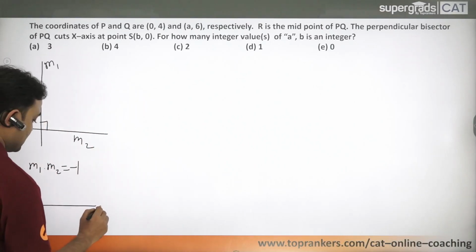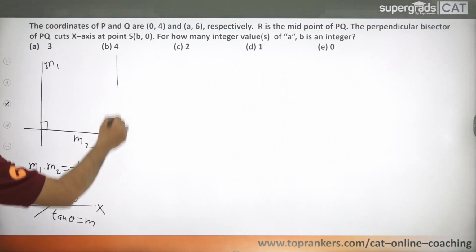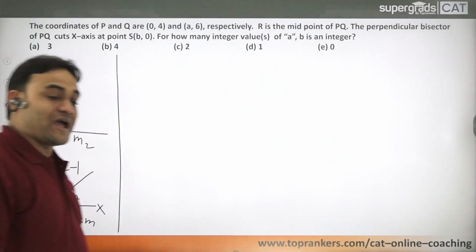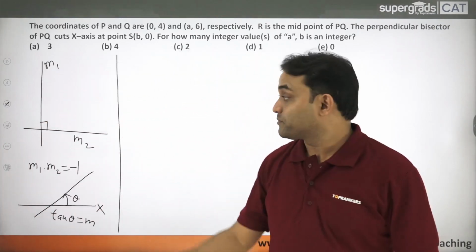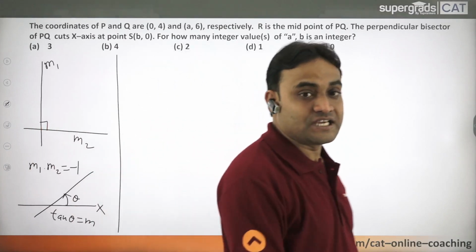If this is the x-axis and this is a line, then the angle made by this line, if this is theta, then tan theta is the slope m. So these are the slopes of these two lines. In parallel lines, slopes are equal. In perpendicular lines, the product of slopes gives us -1.